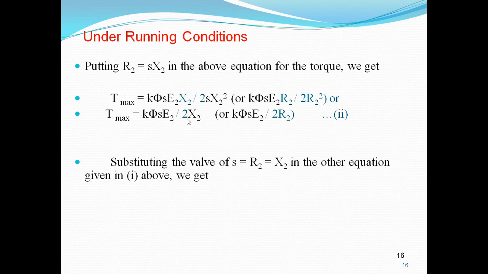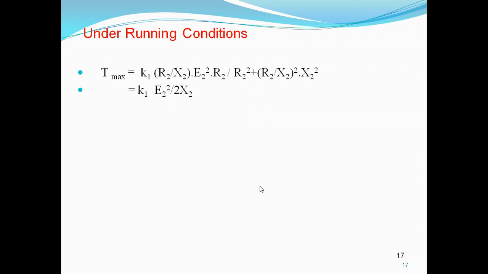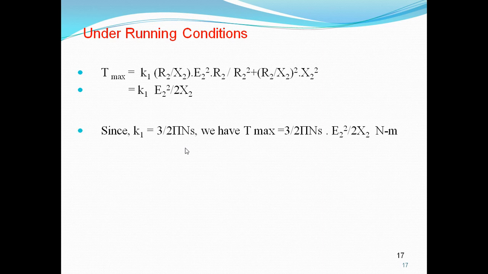Substitute the value R2 equal to X2 in the above equation; this is under standstill condition, the starting condition, where S is equal to 1. So T max is equal to K into E2 square by 2X2. You have to derive it, then you can understand the values, where the K constant value is the same, 3 by 2 pi Ns.